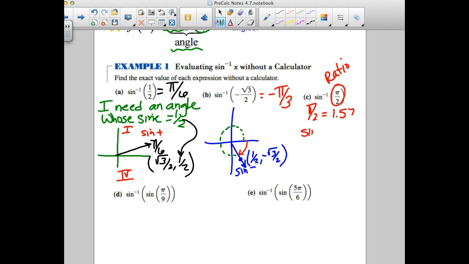So we are saying we need the inverse sine of 1.57. But our domain for sine was between -1 and 1. And since this is outside the domain, we're going to just say this does not exist. We cannot do this one.